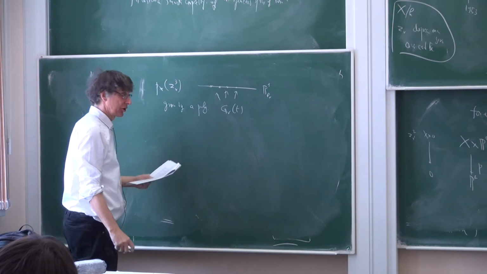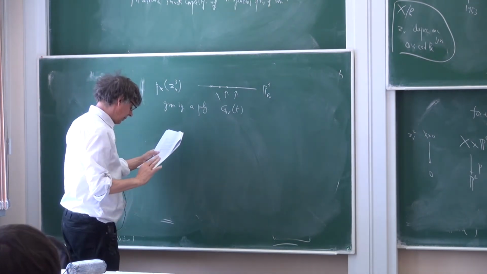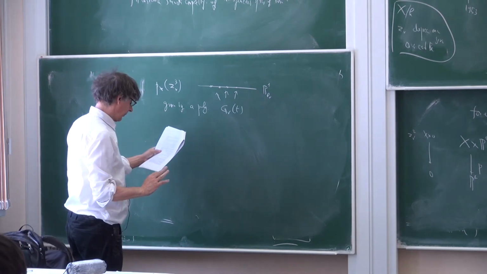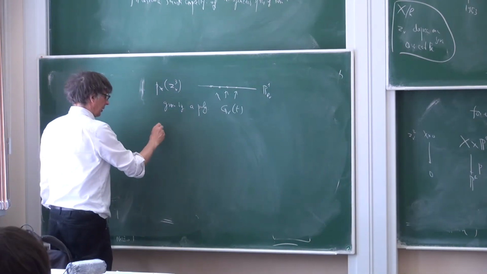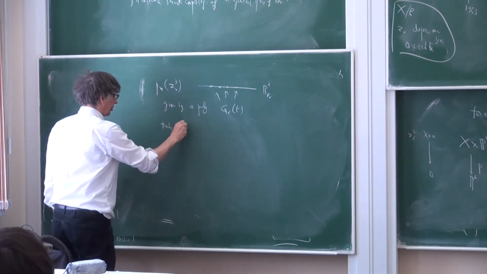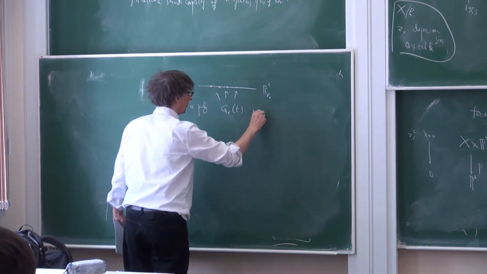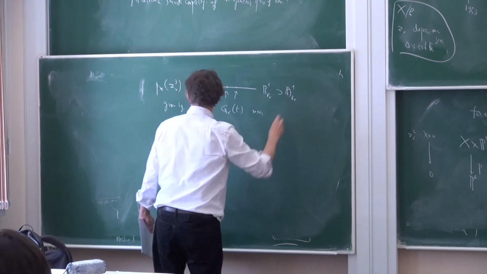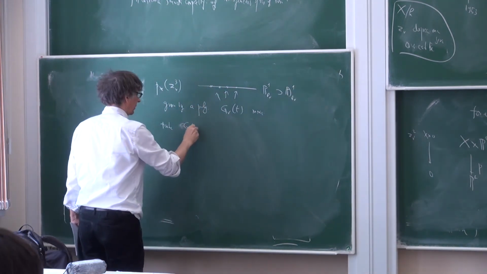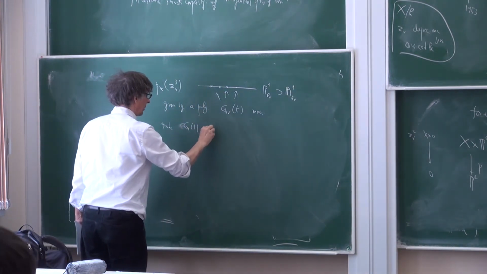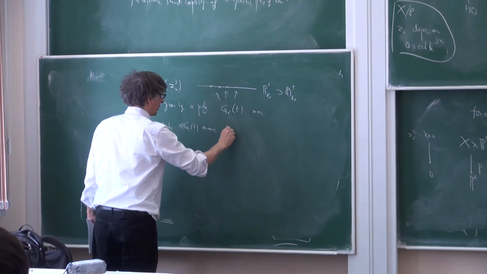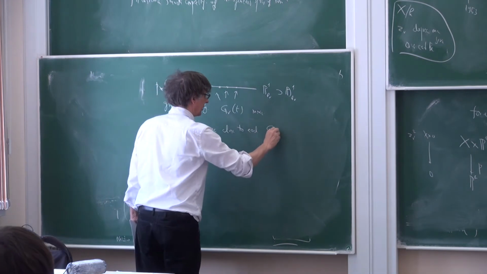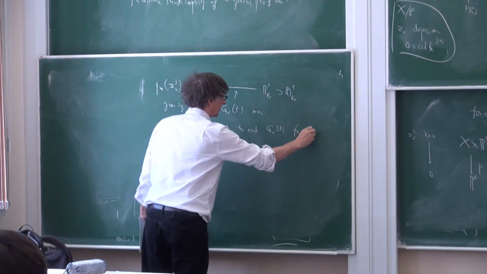Then all we do is take, say, a monic polynomial G of T in A1 over K, with the parameter T, close to each G_V of T for V in S.